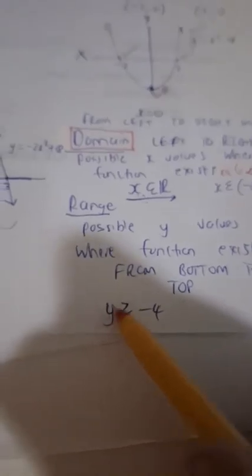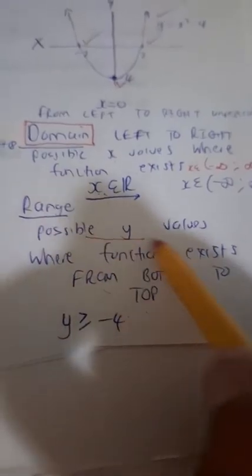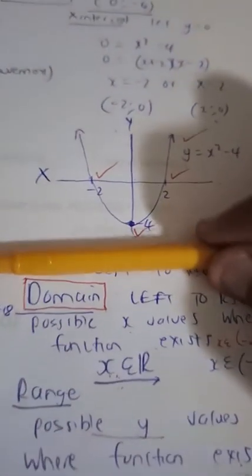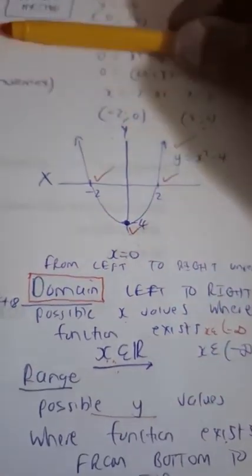So when you write the range, from the bottom to the top, the function exists y. Because when we're speaking about range, we are speaking about the possible y values. We'd never say x is greater than, because we are talking about the possible y values where the function exists, from the bottom, the smallest y values, to the top.